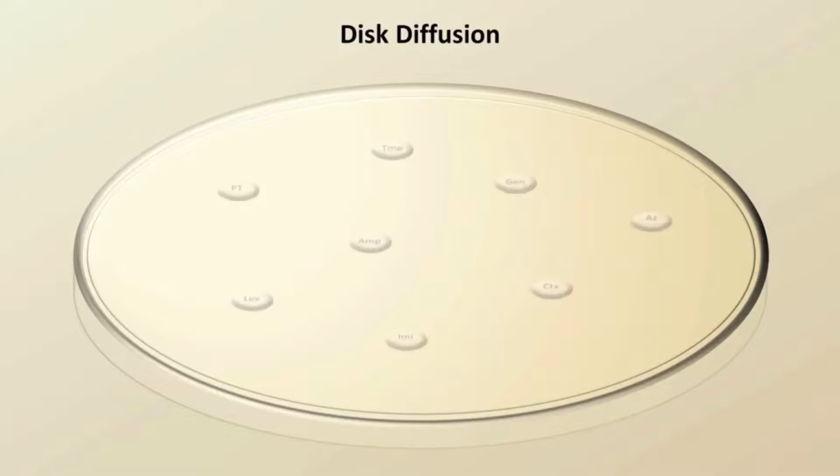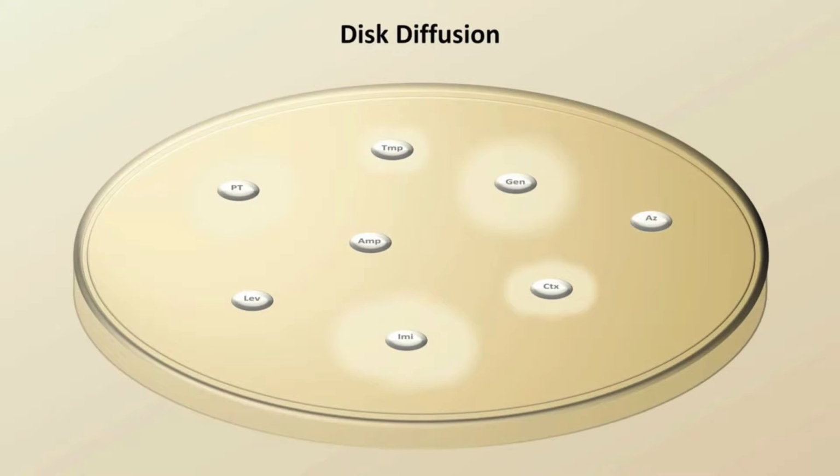The places where there is a ring around the piece of paper show that the antibiotic is doing its job, not allowing the growth of the bacteria. Places where there is no ring, where the bacteria grows right up to the edge of the piece of paper, show that the bacteria is resistant to the antibiotic. The growth of the bacteria is still progressing even in the presence of the antibiotic.